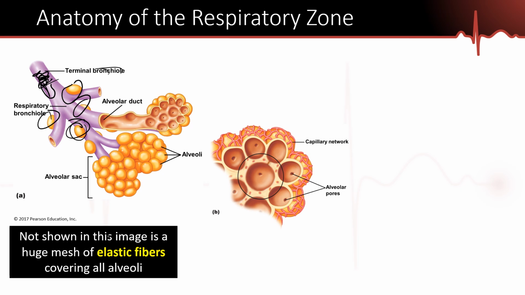External respiration happens within these little sacs that exist on these bronchioles. So since external respiration happens within these little sacs, and these little sacs exist on these bronchioles, we now call these bronchioles respiratory bronchioles, because as the air travels through them, it also travels into these little sacs where external respiration, gas exchange, occurs.